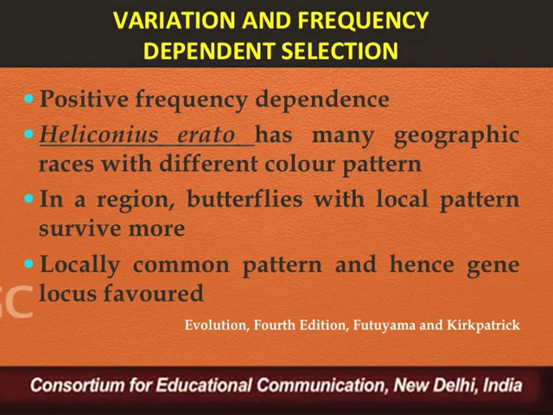and only one type of phenotype, as seen in Heliconius erato, where a number of geographic races are present, but they all have different color patterns. If you take an individual from one race and mix it with another race, that individual will be removed from the population. Only one type of pattern is followed, because that individual will be very clearly recognized by the predator.